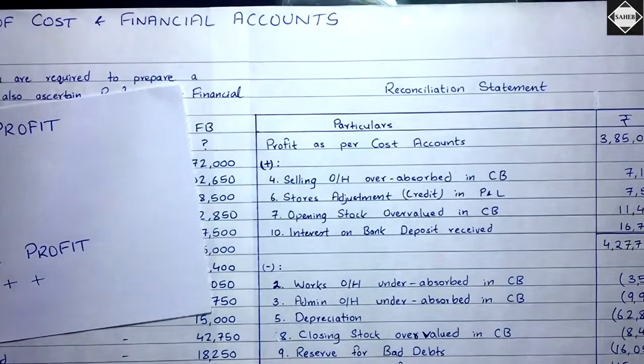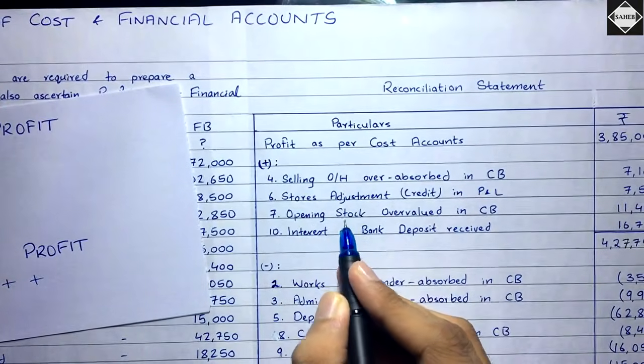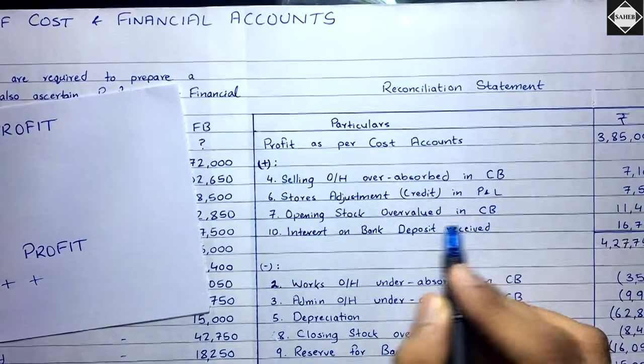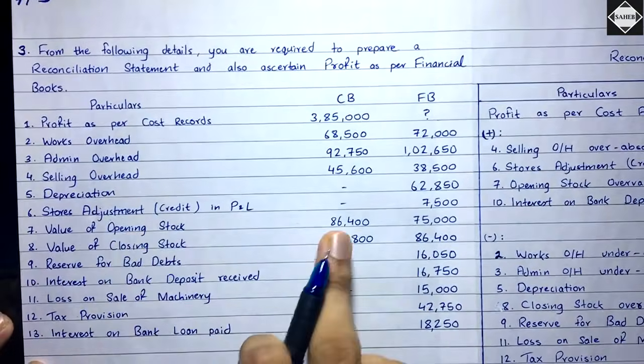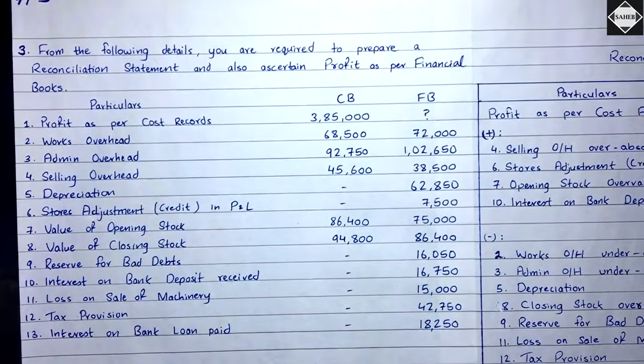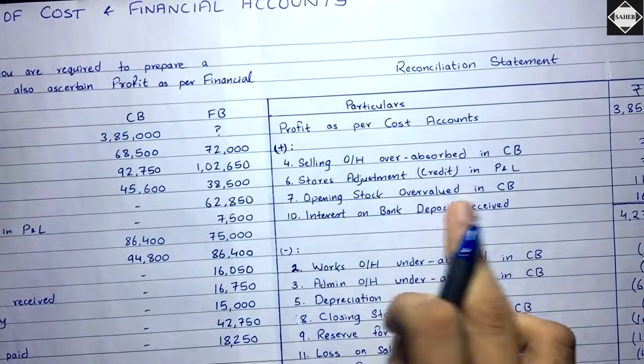So you have to add this transaction: opening stock overvalued in costing books. This is just the English; by looking at it you can understand opening stock has been recorded more in costing books. That's the English we have to write.